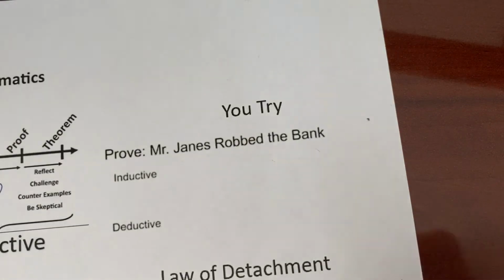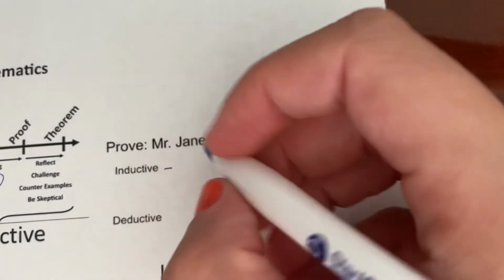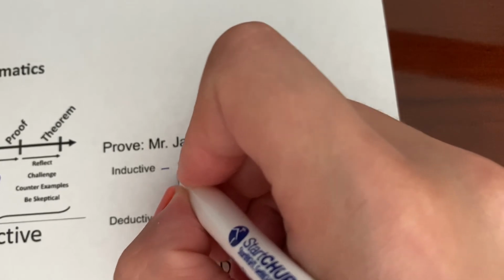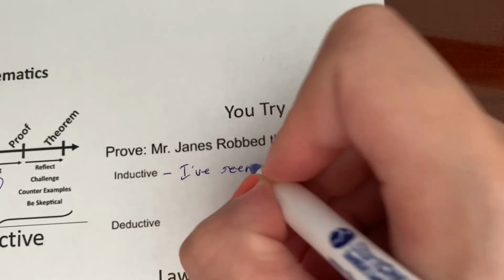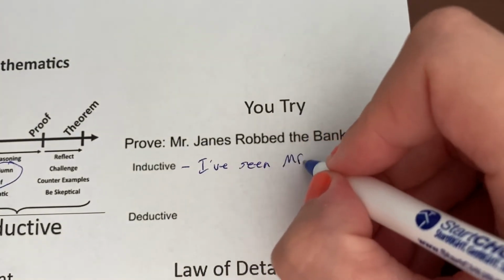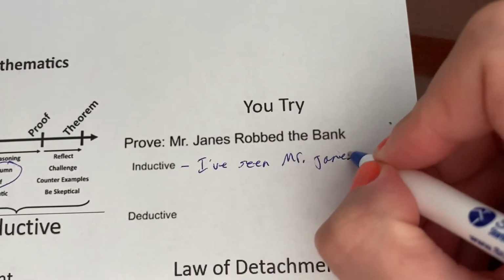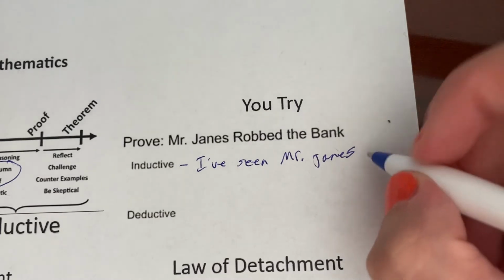Some examples of inductive would be, I've seen Mr. James eyeing the bank.